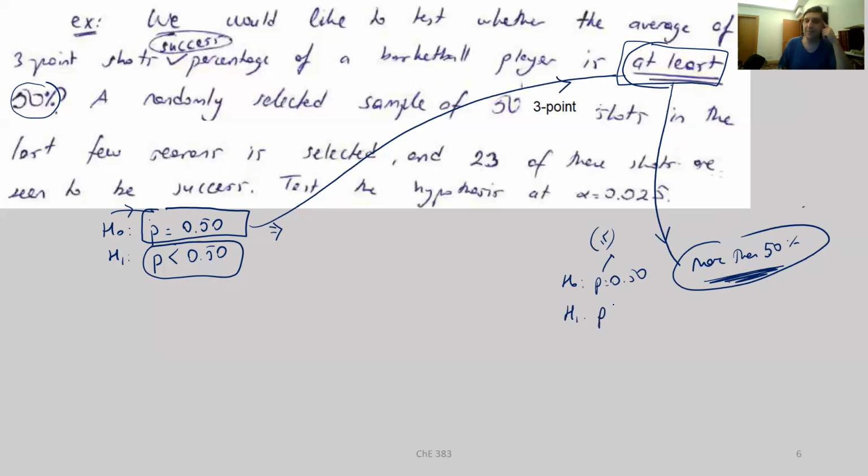So P greater than 0.50 would correspond to the suggestion of that guy: the success percentage is more than 50%. On the other hand, when you say "at least", then you include 0.50 here, and you reserve it for the null hypothesis. And that's actually an interesting point.